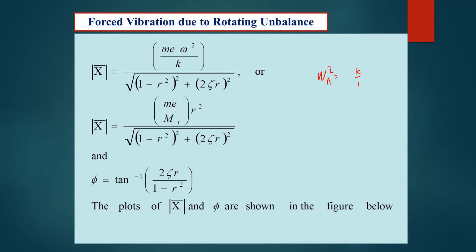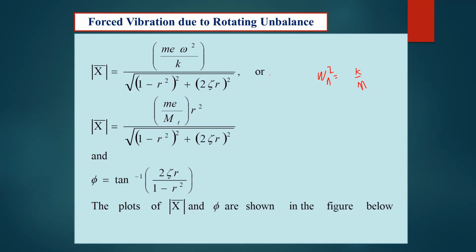So you can bring this m down here, so it becomes k over m, which is omega n square. So this omega square over omega n square becomes r square. Yeah, r square is from that.